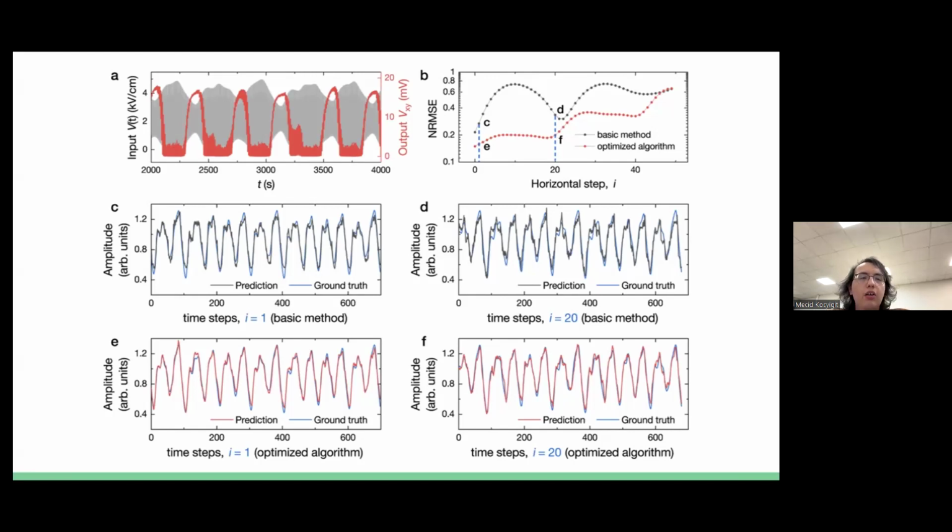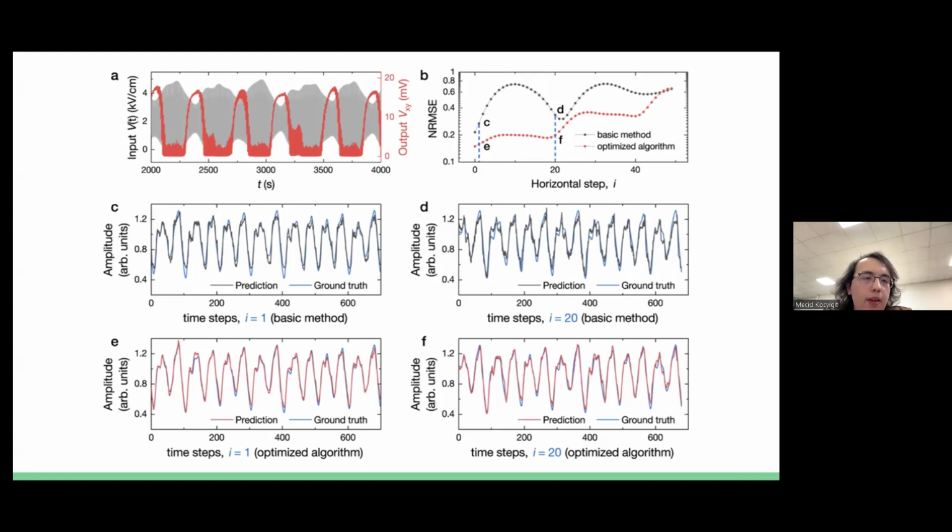So here are our results. As you can see, better accuracy of prediction can be achieved using the optimized algorithm, using not only the current state but the current output, and not only the current output but the previous outputs too. So the basic method means only the current output, and the optimized algorithm means the other type.